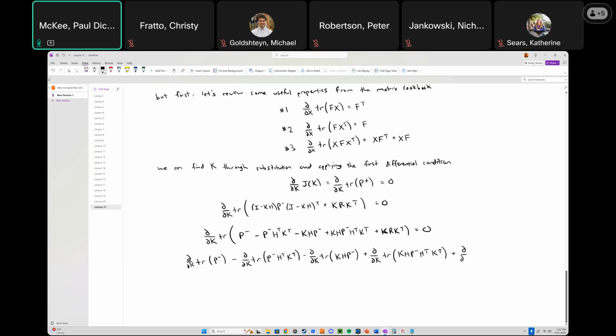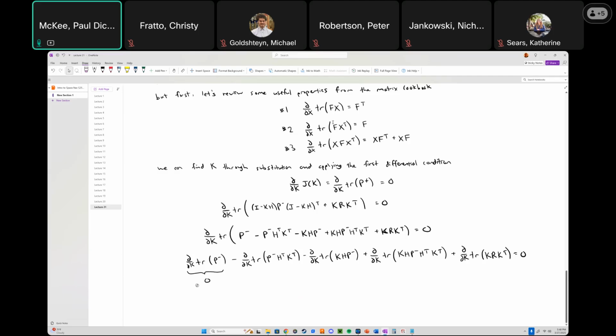Finally, derivative with respect to K of the trace of K R K transpose equals 0. All right, so far so good. So some of these are going to be really easy. Matter of fact, the first one's going to be really easy. Derivative with respect to K of a term that doesn't include K is 0.